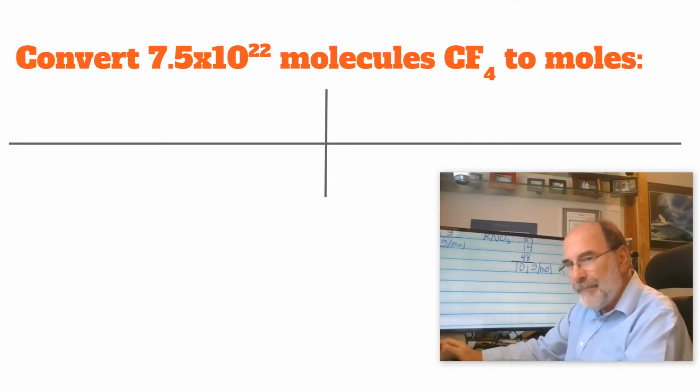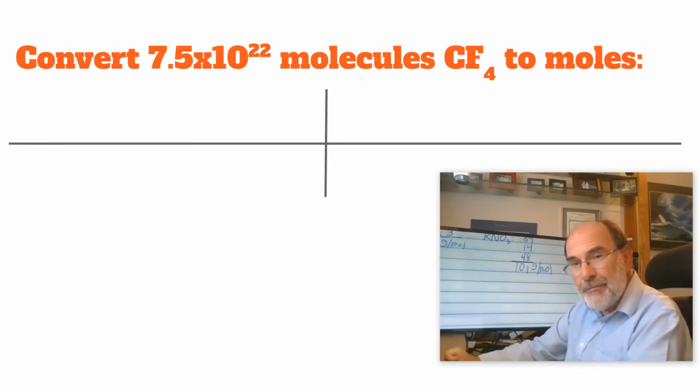Now, this problem doesn't need the periodic table at all, because they're converting from a number of molecules to the number of moles of those molecules. And a mole is just like a dozen, a huge number representing how many of those quantities do we have.